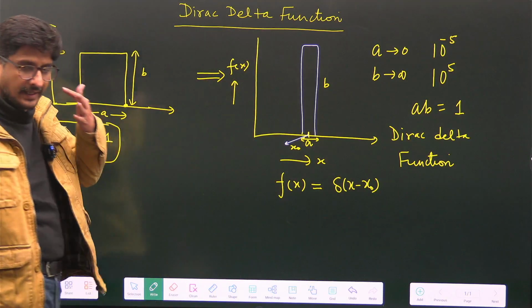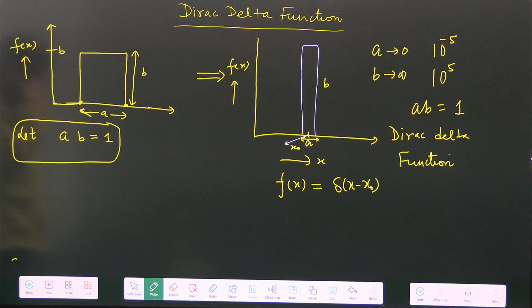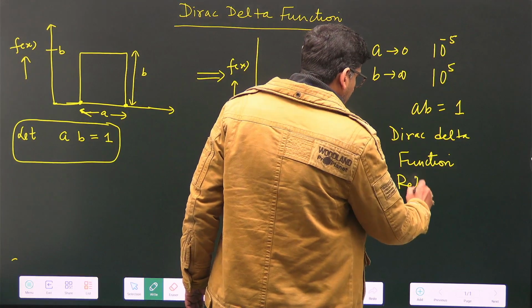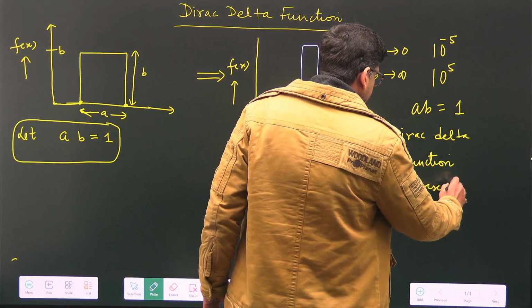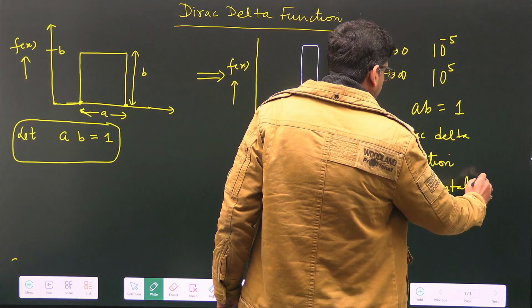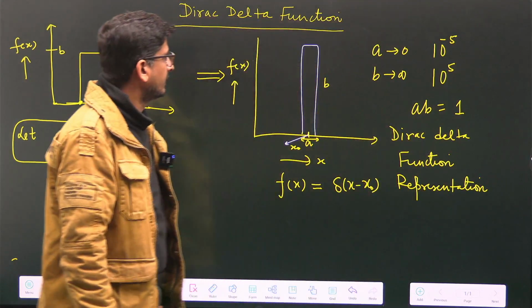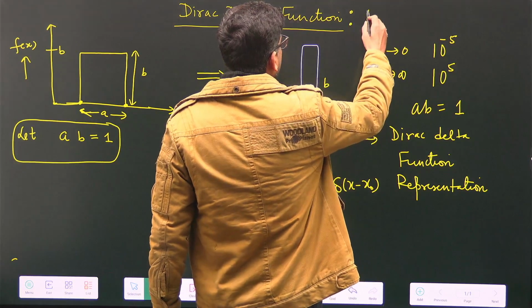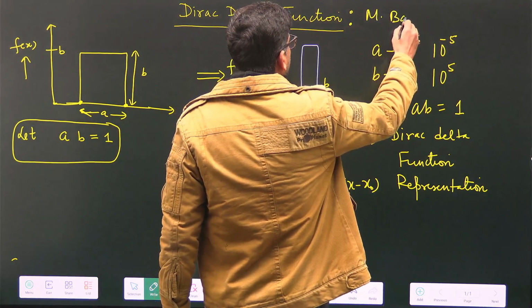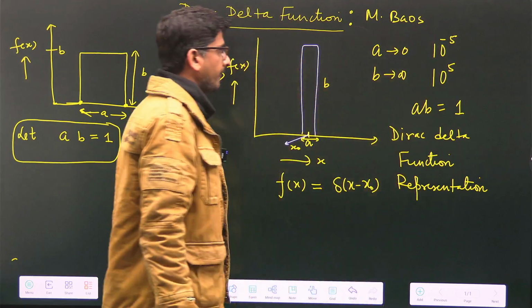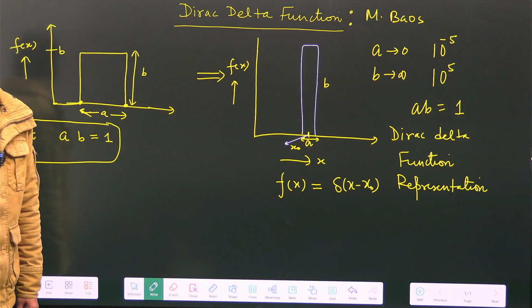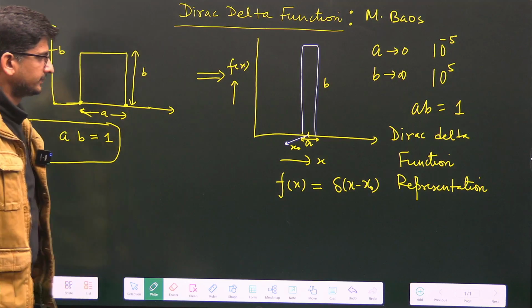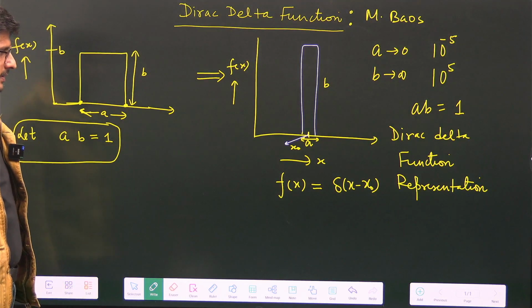This is the representation of the delta function. The reference book for the Dirac delta function is Mathews and Walker.